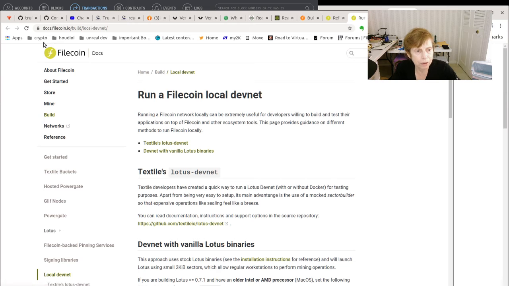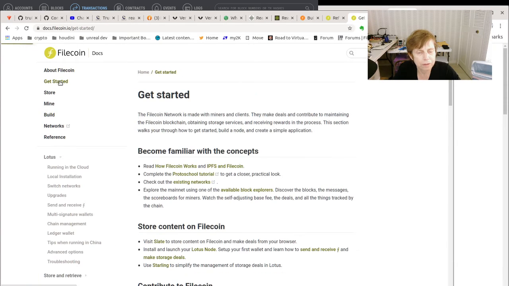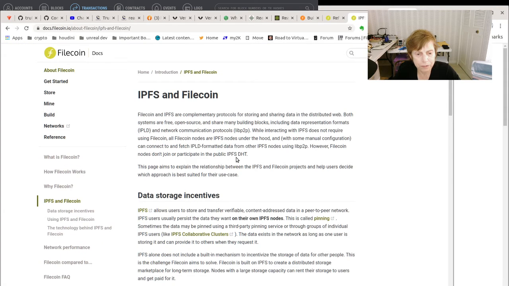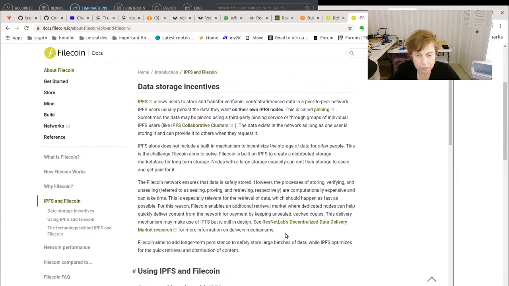Now they talk about, let's see, get started, IPFS. So IPFS is sort of their peer-to-peer storage called pinning. It does not include a way to incentivize it, and that's the point.